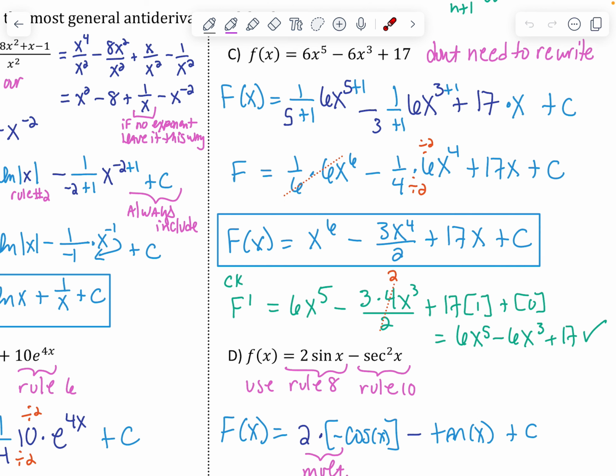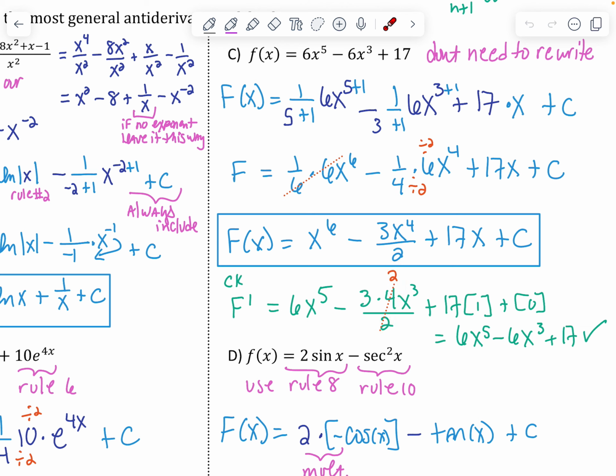Since I had lowercase f, I'm using capital F for my antiderivative. But remember, I can check if I have the right answer by taking the derivative. The derivative of x to the 6th is 6x to the 5th. Leaving that minus 3/2 out front, the derivative of x to the 4th is 4x cubed.